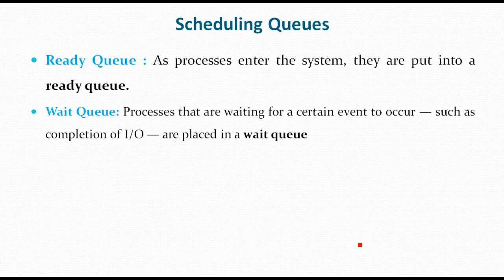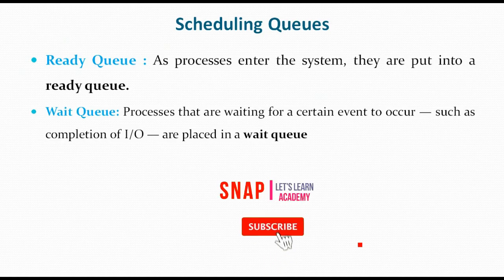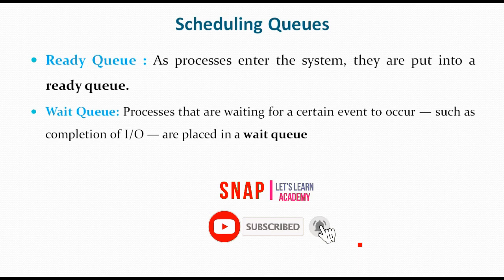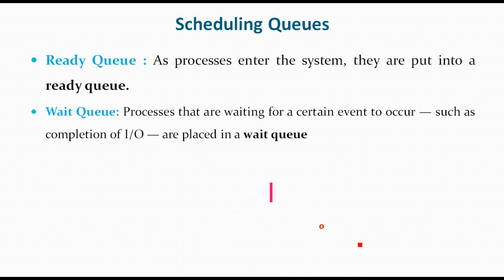Now, these are the scheduling queues. In the scheduling queues, we have the ready queue and the wait queue. Now, let me tell you what this ready queue and wait queue are. Ready queue is nothing but, as processes enter the system, they are put into a ready queue.